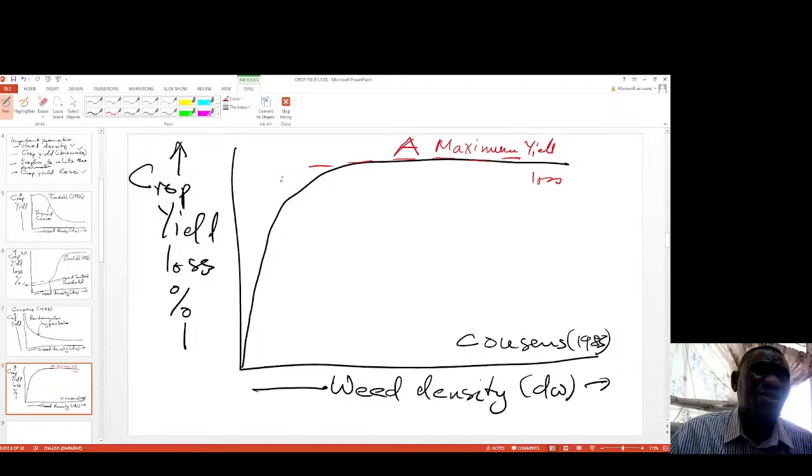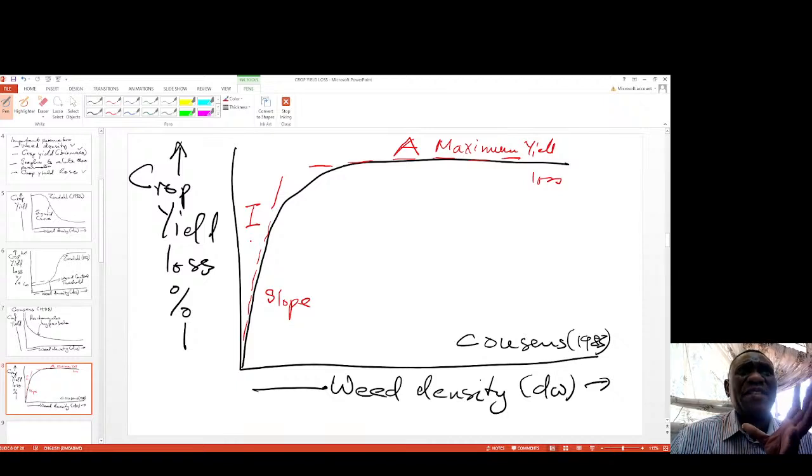We can also compute the slope, which is represented by I, on this graph.